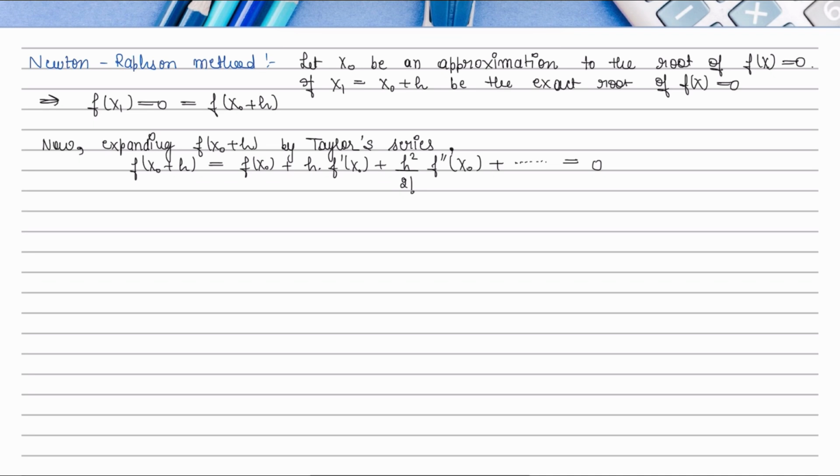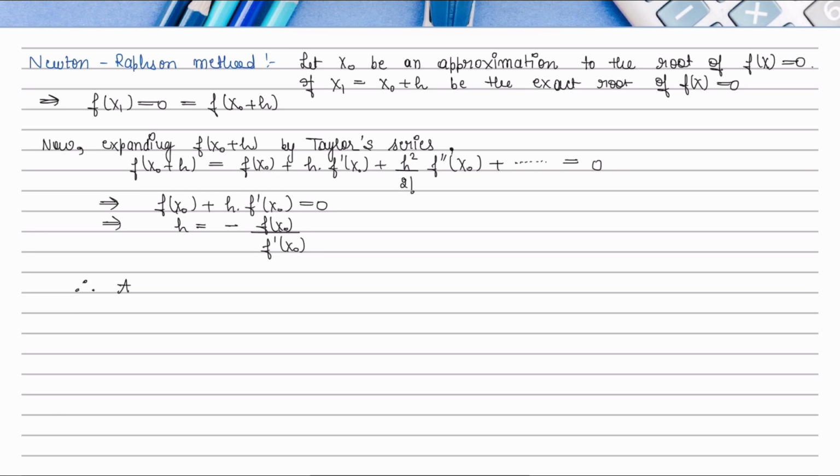Since the value of h is small, we can neglect h square and the higher power of h, we get that f of x naught plus h times f dash x naught is equals to 0. From here we can find the value of h as minus of f of x naught divided by f dash of x naught.